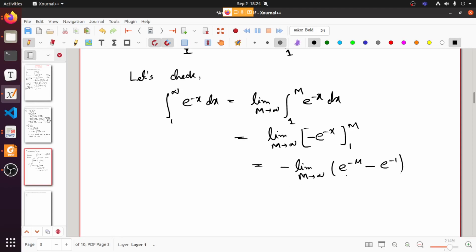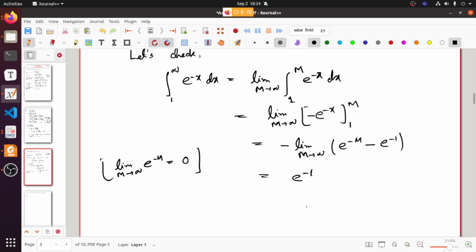And as limit m tends to infinity, e to the power minus m goes to 0, right? So the first one becomes 0, it will become e inverse, which means this is finite. So integral 1 to infinity e to the power minus x dx equals e inverse, which is finite.